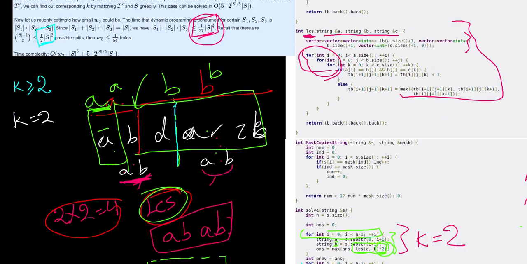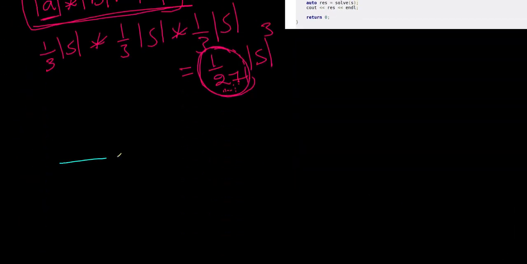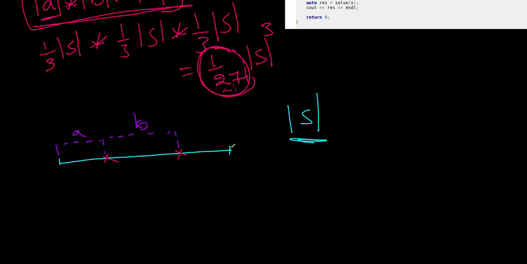That's because, if the length of the original string is S, splitting this into three parts means we need to select all the possibilities of picking 2 points on this string. So if we pick this point here and this point here, the first part of the string is this, the second part is this, and the third part is this.